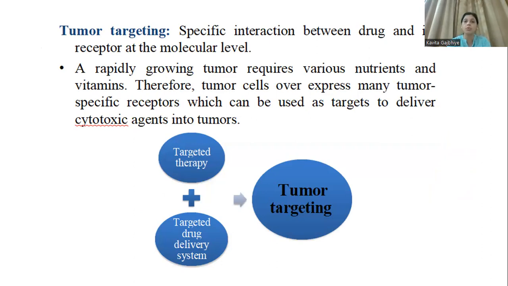Therefore, tumor cells overexpress many tumor-specific receptors for fulfilling all the requirements of the tumor cell, which can be used as targets to deliver the cytotoxic agent into the tumor, inside the microenvironment of the tumor. So for tumor targeting, we can use targeted therapy and targeted drug delivery system combined for more effective delivery of the cytotoxic agent inside the tumorous cell.